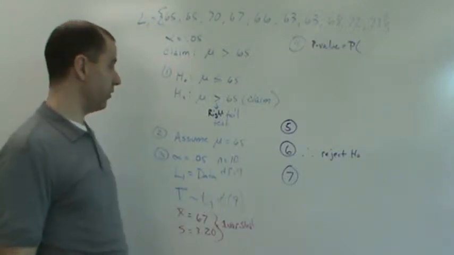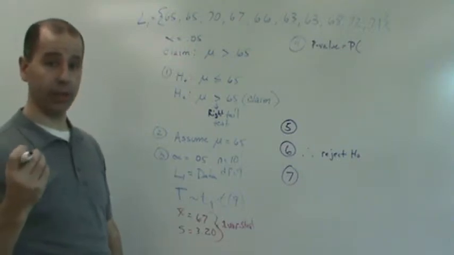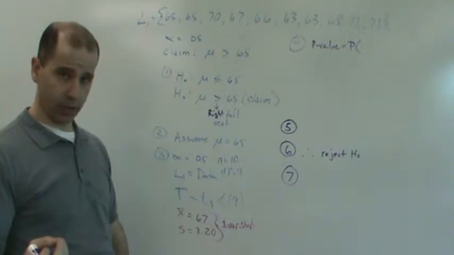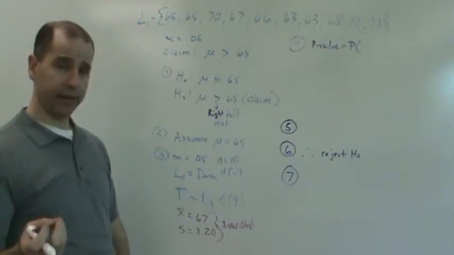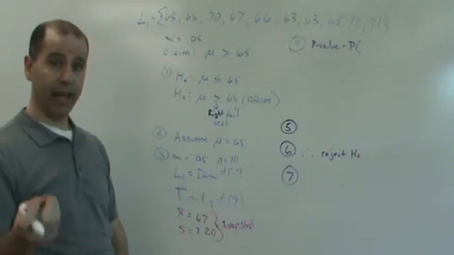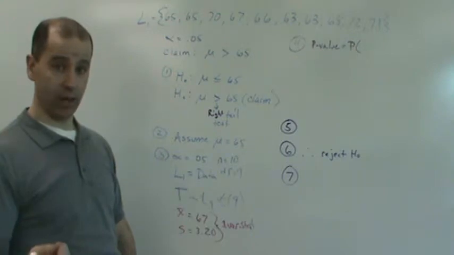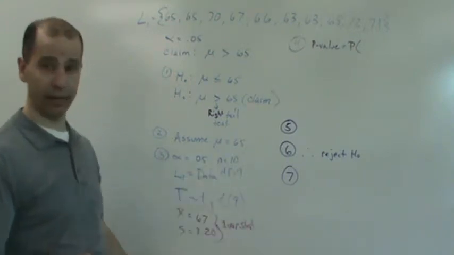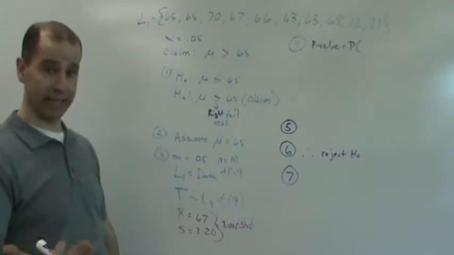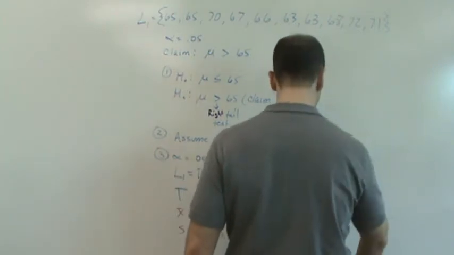Since we're going to use the t-distribution, the calculator function for finding the p-value, t-CDF, requires that you use t-star. So we can't put x bar into there. We have to convert x bar into a t-statistic, so we still have to calculate t-star.